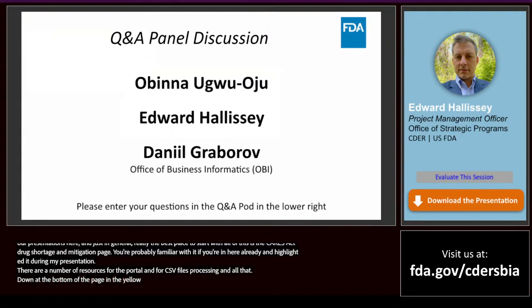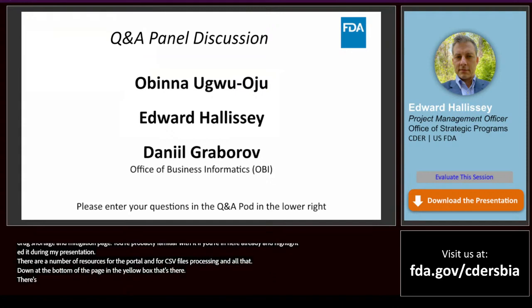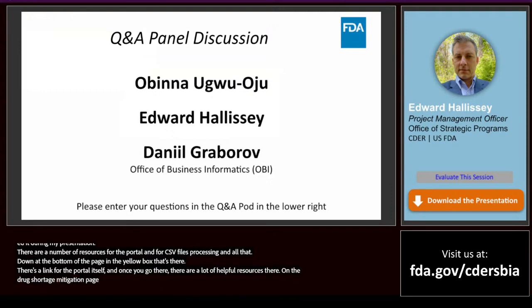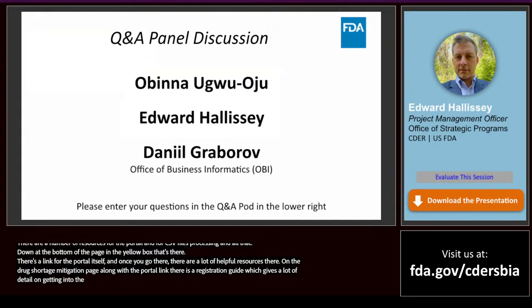There's a link for the portal itself, and once you go there, there are a lot of helpful resources. On the drug shortage and mitigation page right there, along with the portal link, there is a registration guide, which gives a lot of detail on getting into the system, who to contact, what you need to set up your account.